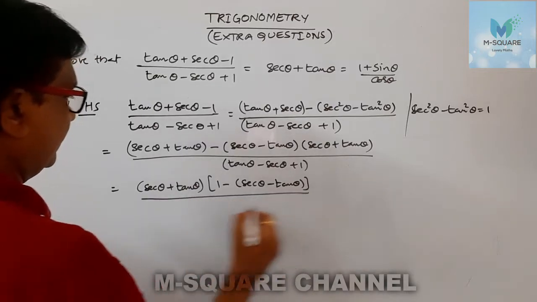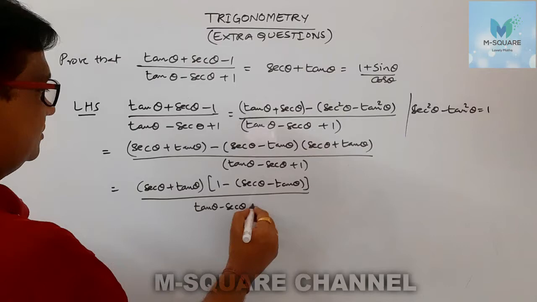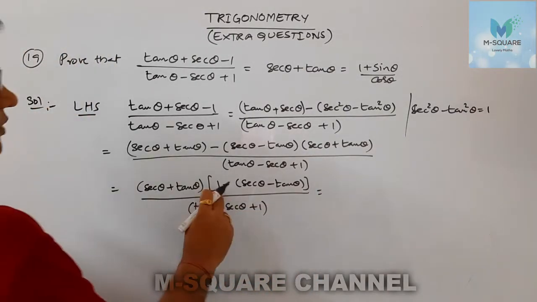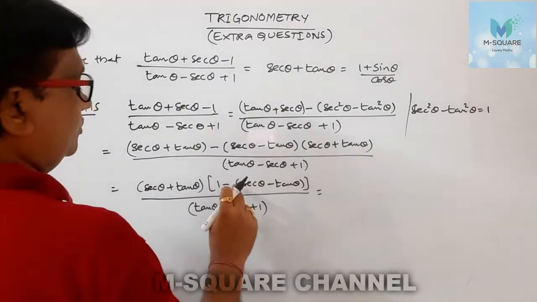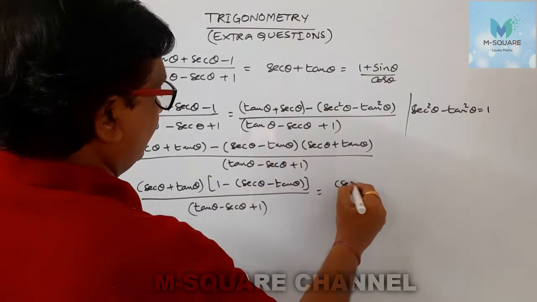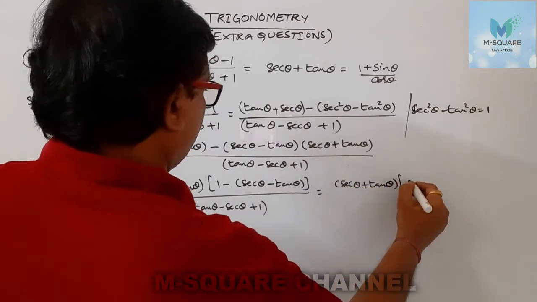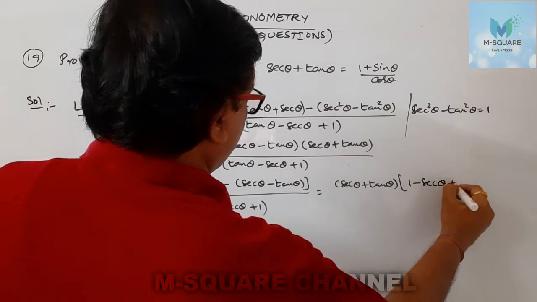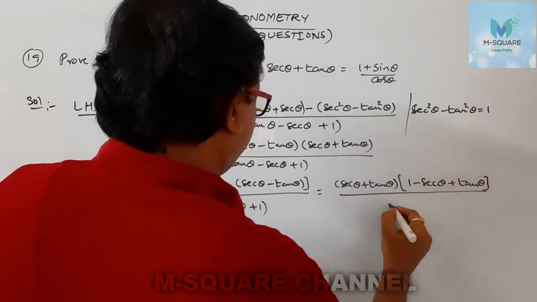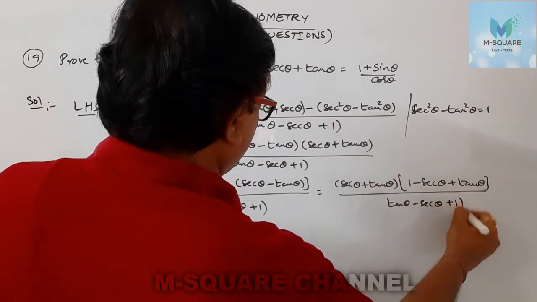Now divided by tan theta minus secant theta plus 1. Now open this bracket inside. So minus secant theta, minus into minus plus, so secant theta plus tan theta. So 1 minus secant theta plus tan theta whole by tan theta minus secant theta plus 1.